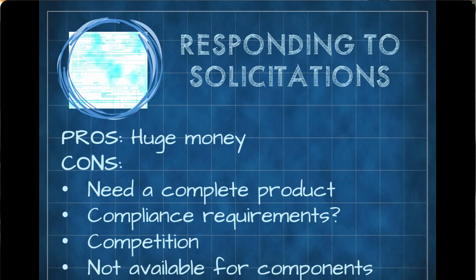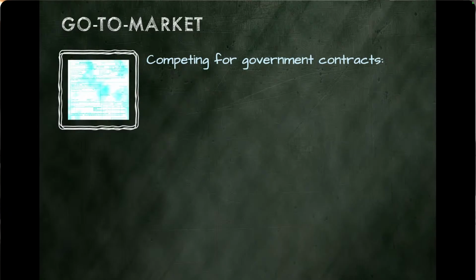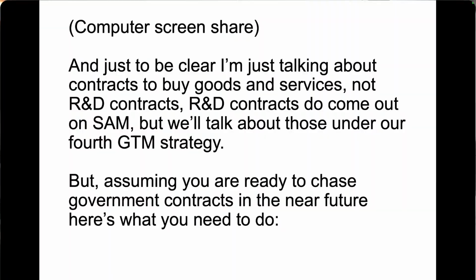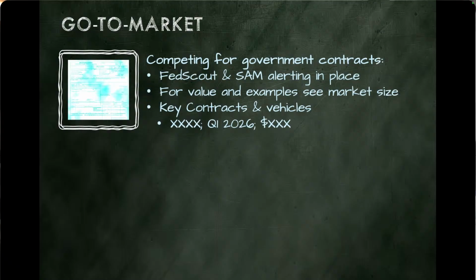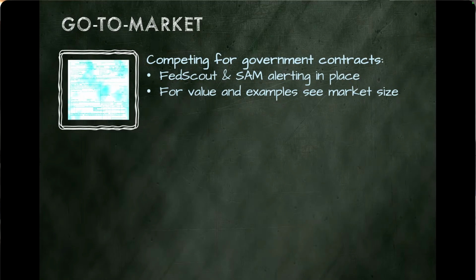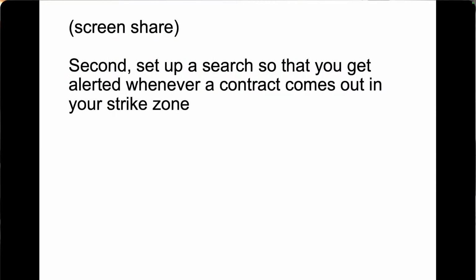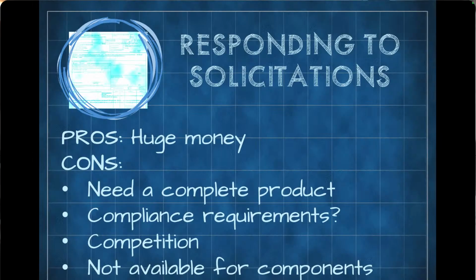And then the last problem that this strategy has is it's not really available if you sell a component. Because the government doesn't want to buy the chips and the circuit board and the CPUs and the power supply.